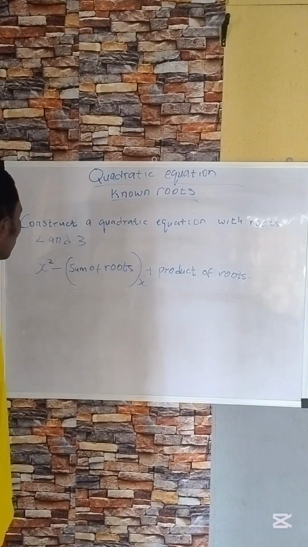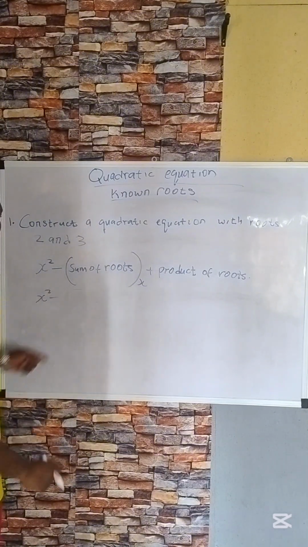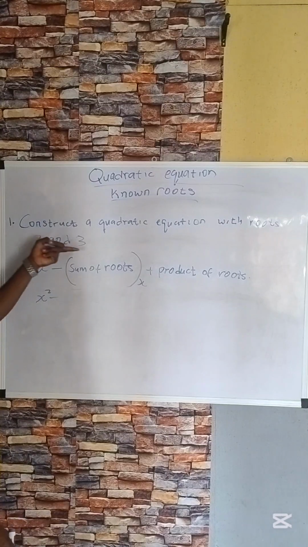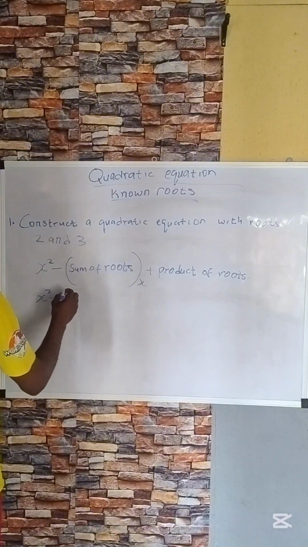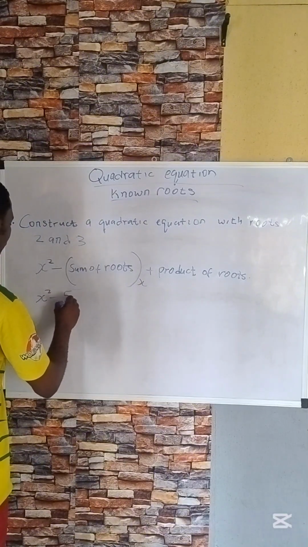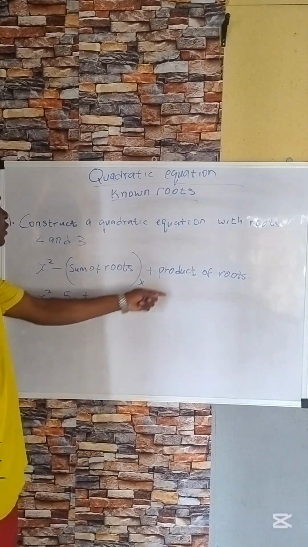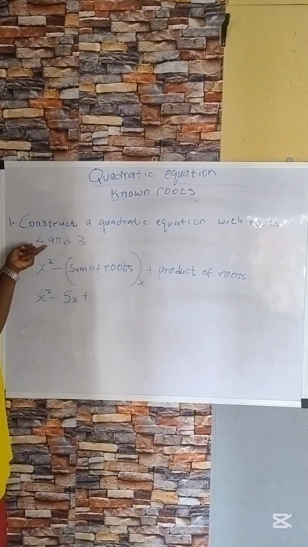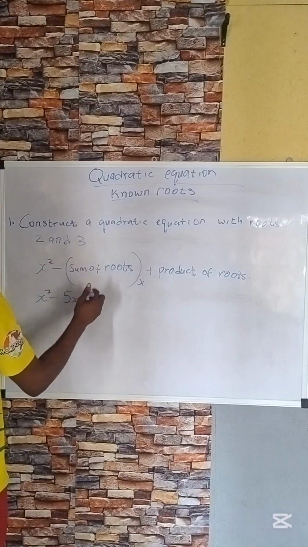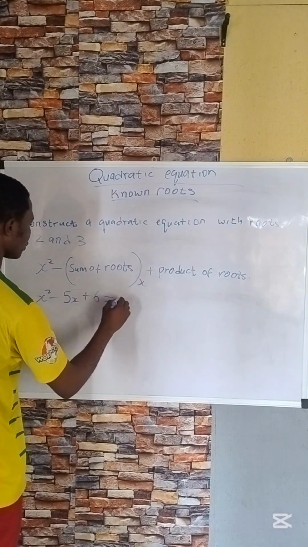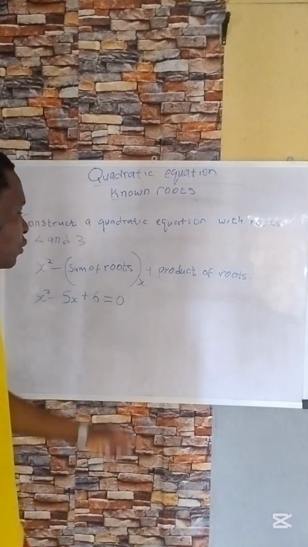So this is x squared minus, what is the sum of roots, 2 and 3? Sum means addition, so 2 plus 3 is equal to 5, so 5x. Then plus the product of these roots, 2 and 3. Product means multiplication, so 2 times 3 is 6, equal to 0. So this is how we solve for a quadratic equation with known roots.